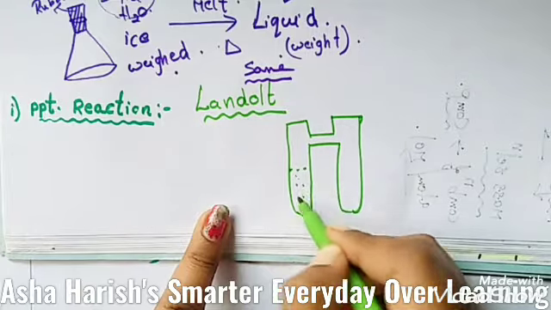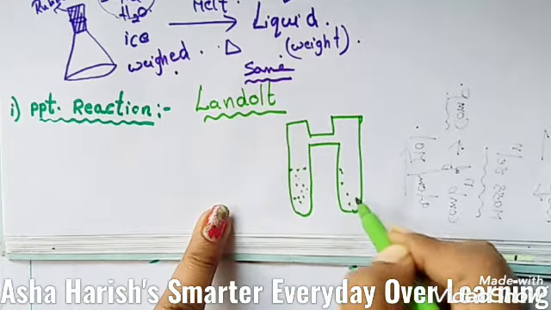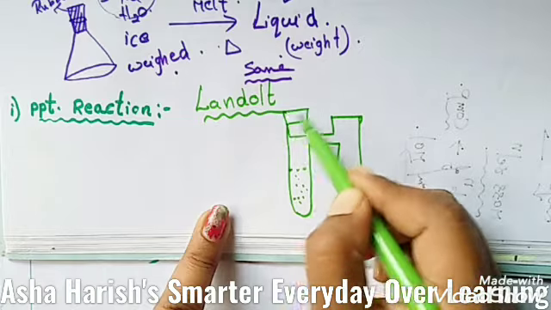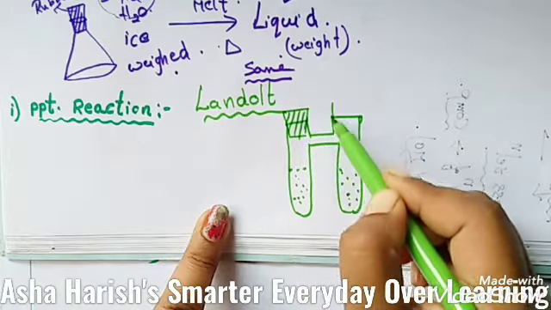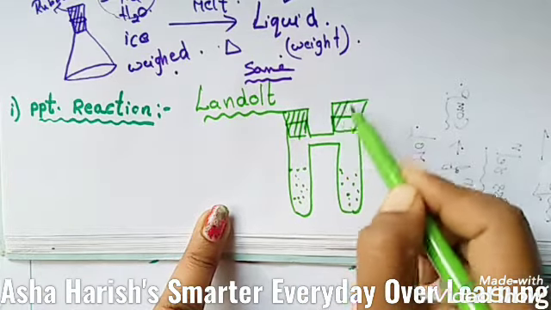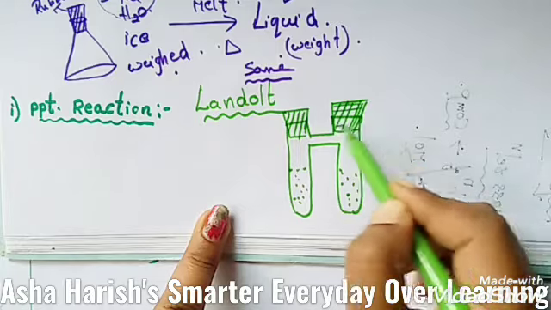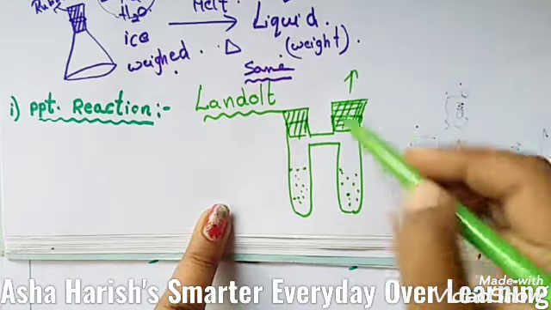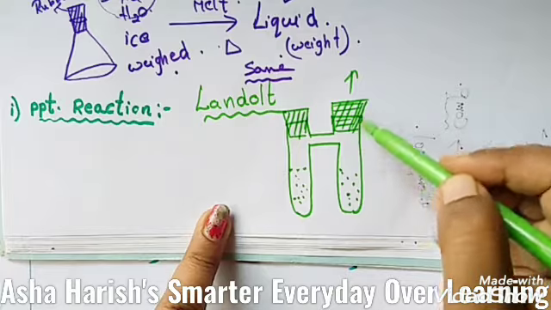Here is the solution you are going to take, and here also a solution, fixed with tight rubber corks. So what is the use of these rubber corks, students? To avoid the escaping of fumes from these tubes.